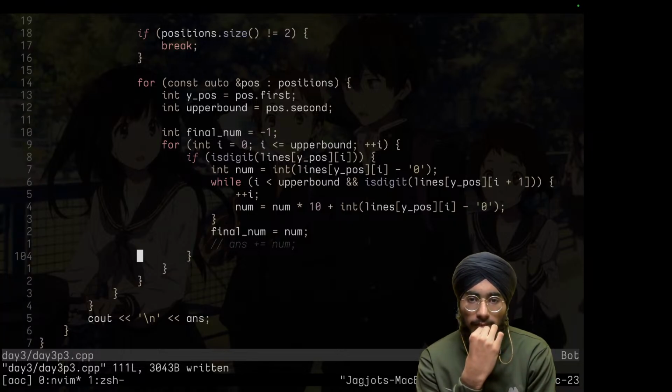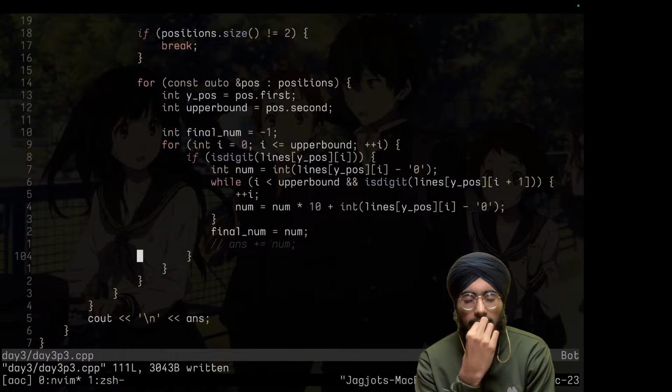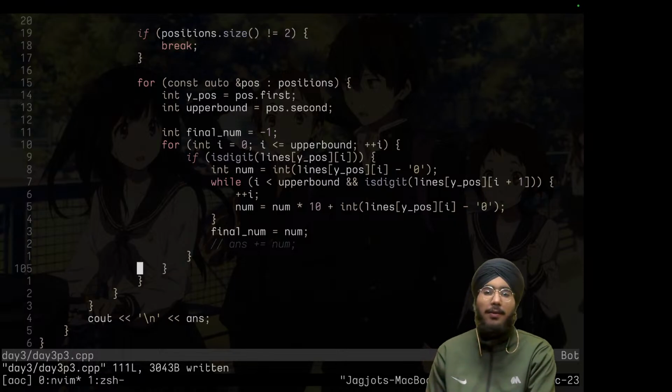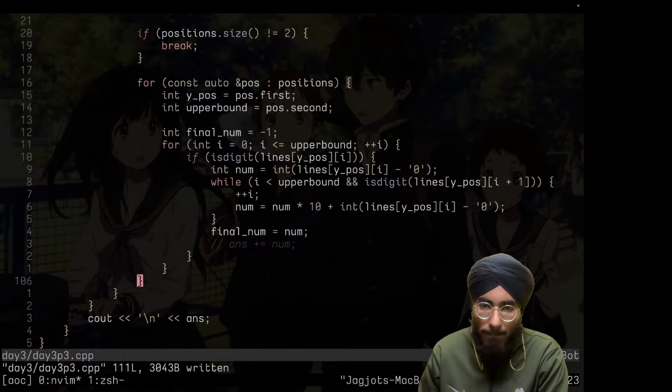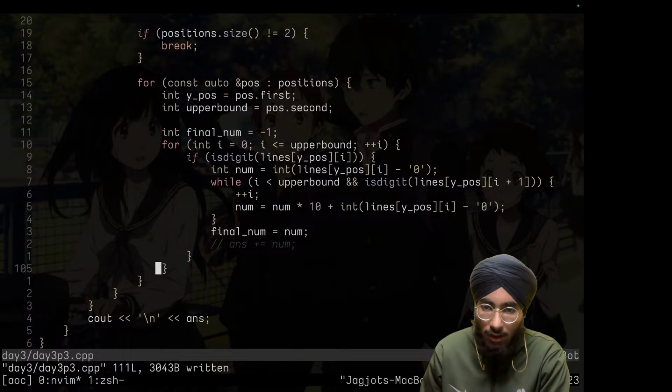Final num is num. Okay, it is gonna go. Okay, made the num final. Okay, it's gonna work. The logic, it is gonna work.